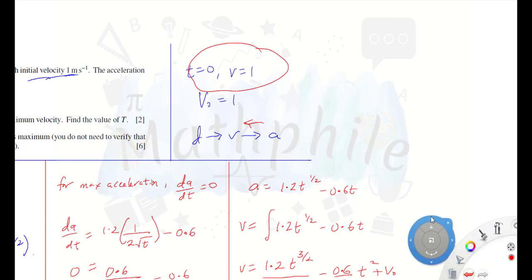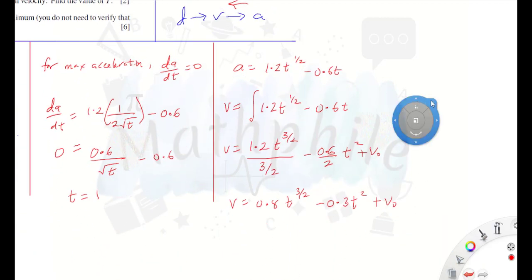Yes. So let's put that in. We're going to get v naught equal to 1. If you do that substitution, when v is equal to 1 and t is equal to 0, the substitution is 1 is equal to 0 minus 0 plus v naught, and v naught will be equal to 1.